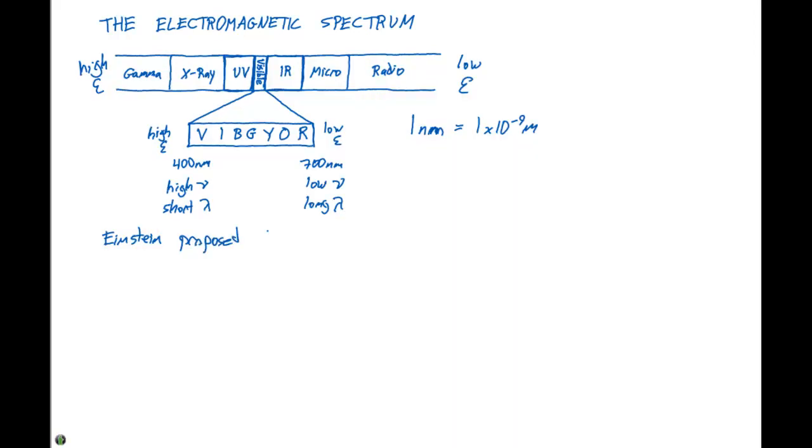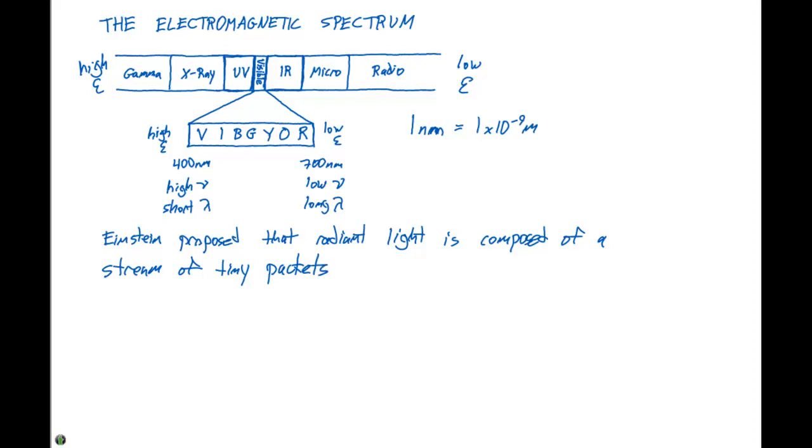Einstein proposed that radiant light is composed of a stream of tiny packets called photons.